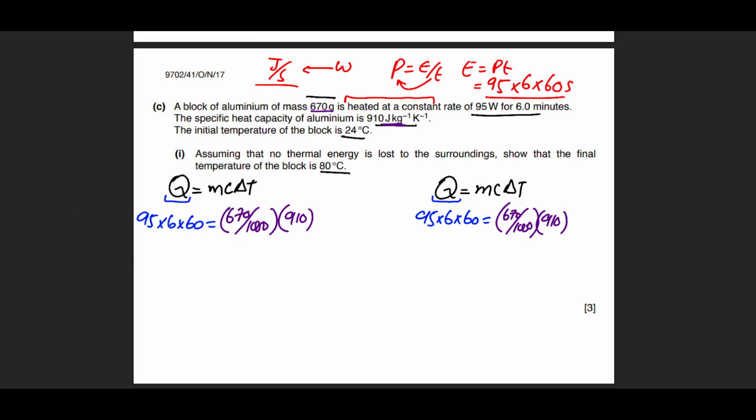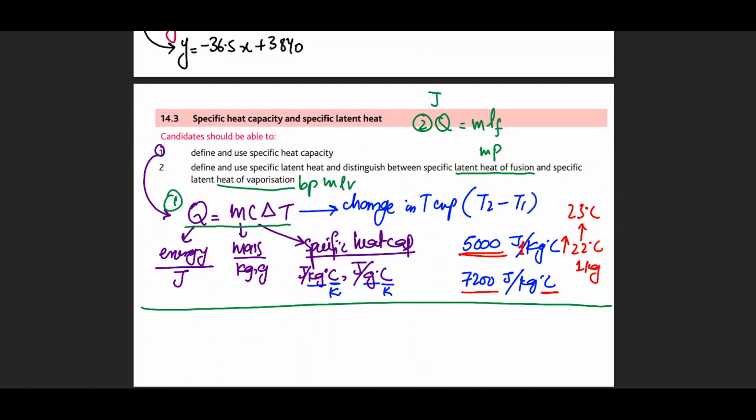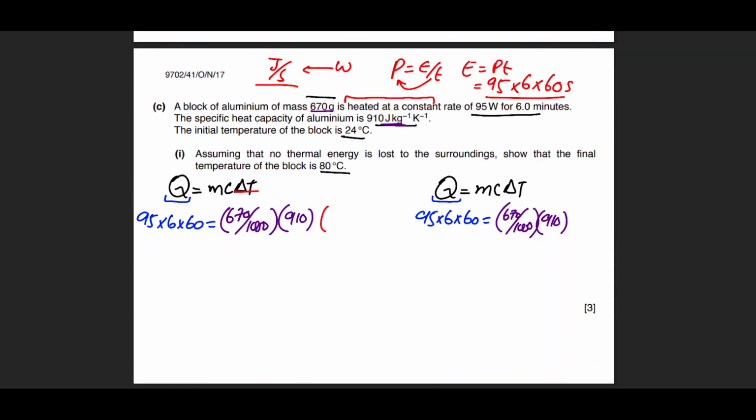But now there are going to be two ways to solve it. First, we understand that this is delta T, change in temperature. And if I go back to the delta T concept, delta T is supposed to be a difference of two temperatures, right? So since we are dealing with a higher temperature, I can write down T minus 24, which is this one.